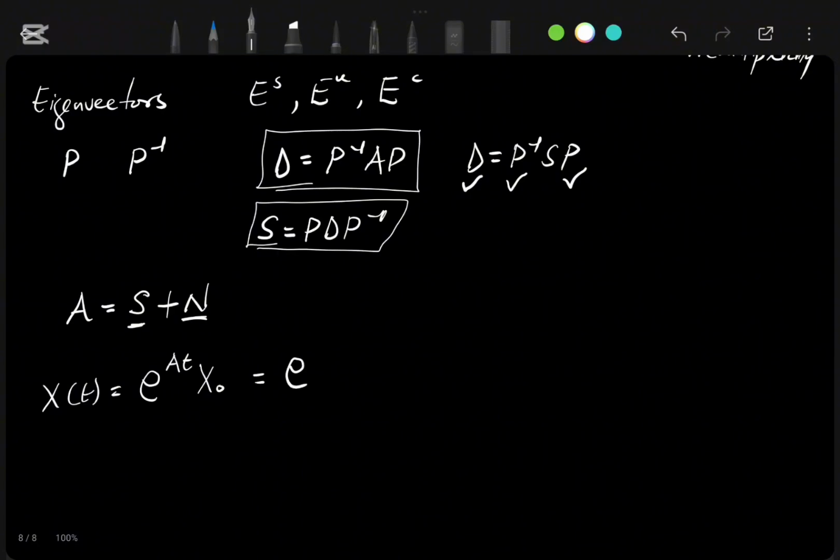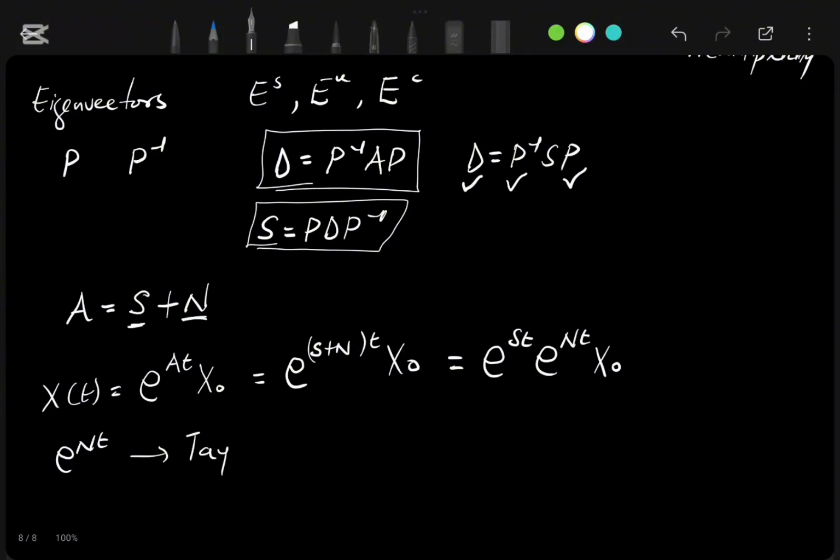We have e to the power S plus N, multiplied by t x naught. So with this we have e to the power S t times e to the power N t times x naught, and we expand e to the power N t using the Taylor series expansion.